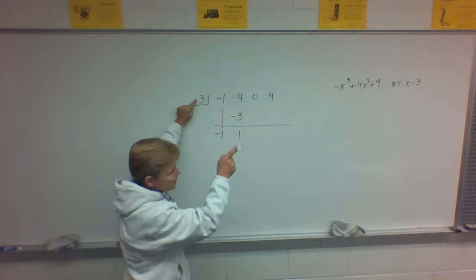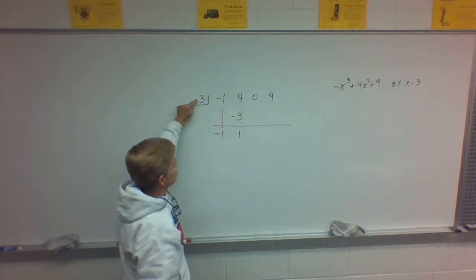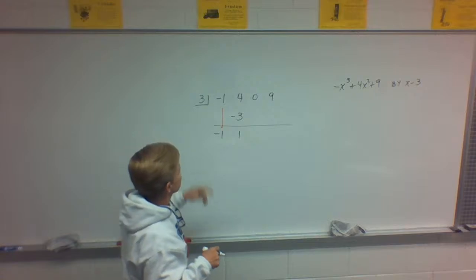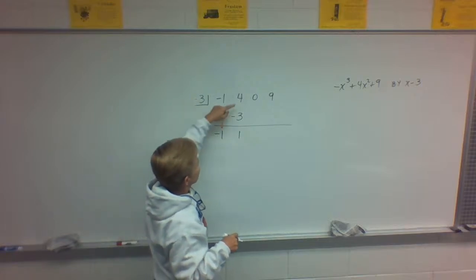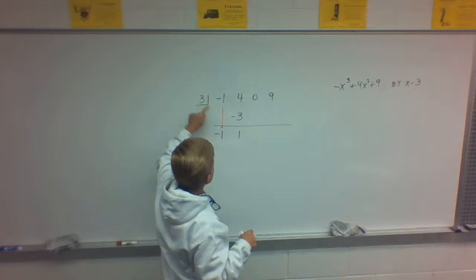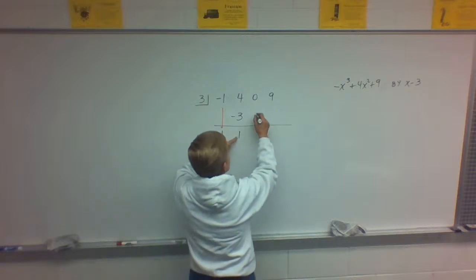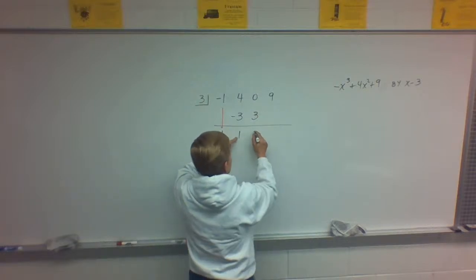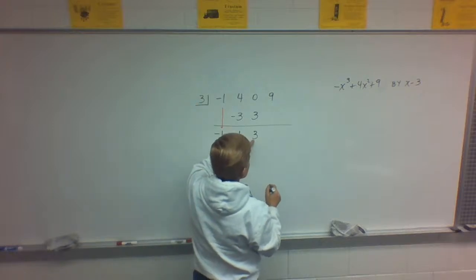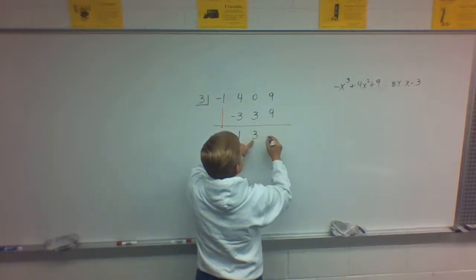So choosing what makes that divisor 0 and putting it here, you've already taken care of the change of sign, and now we just add. Then we take this 3 times this result and write it here. And add. And then we take this 3 times this result and put it here and add.